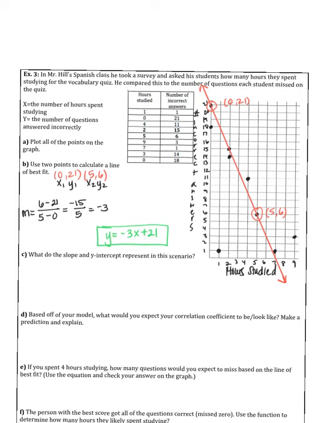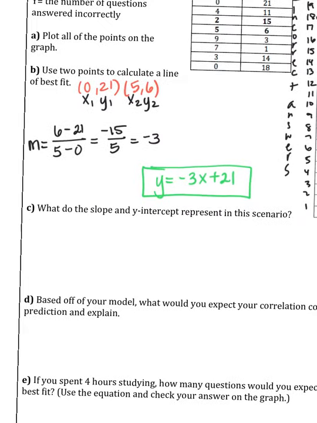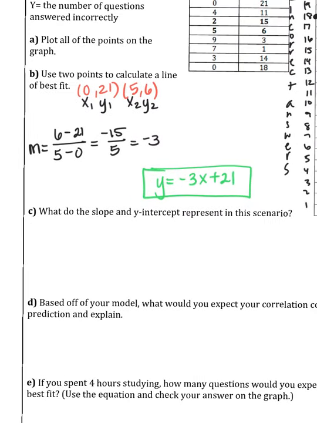Okie dokie, now that we have the equation of our line of best fit, we can go ahead and interpret some things, which is really important to us. So question C says, what do the slope and y-intercept represent in this scenario? So our slope is negative 3. I'm going to zoom in a little bit here. Our slope is negative 3 over 1.